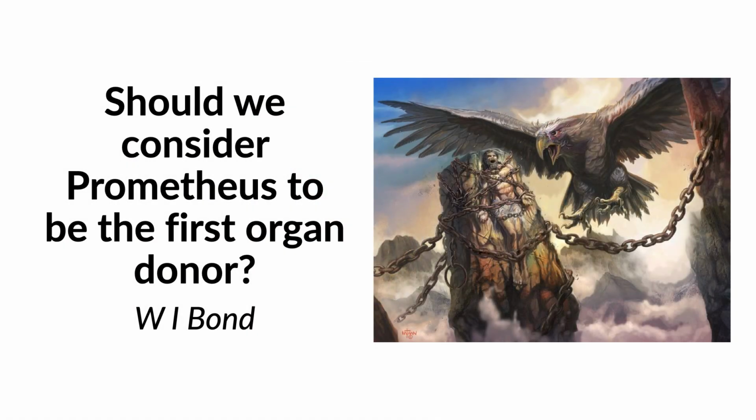He never made you feel like that. We could consider, actually, Prometheus to be the first organ donor. To donate one, somebody has to get it, but if you're a donor, it doesn't matter, there's no recipient, but you still donated. So I think that's the first organ donor, whatever the intention.